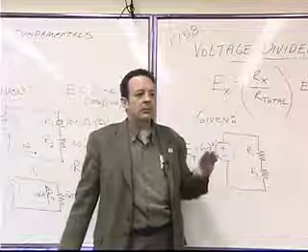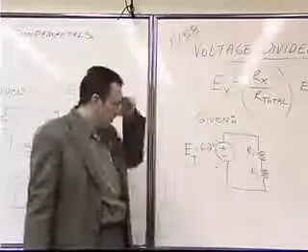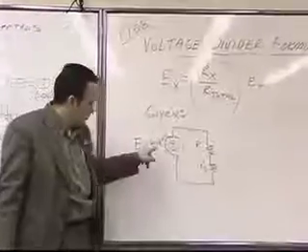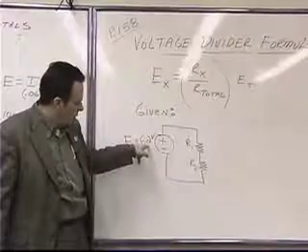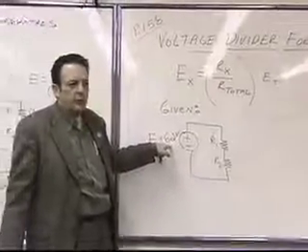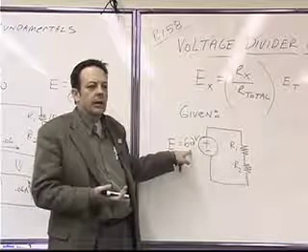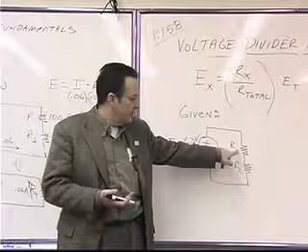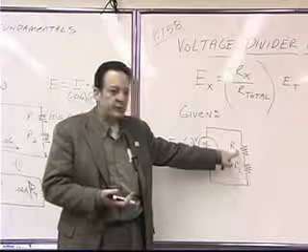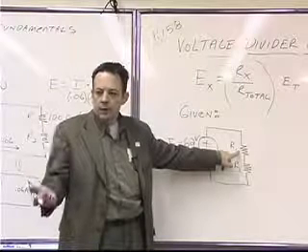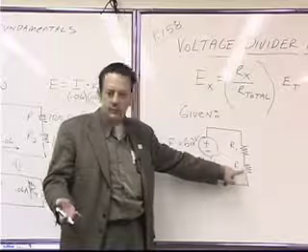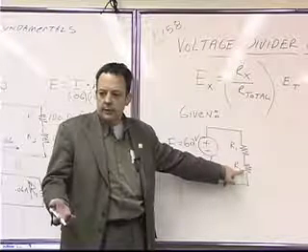Why is it called a voltage divider? The reason it's called a voltage divider is because this whole 62 volts, which let's say is all the money I have in the bank, I got to give some of it to this resistor in the form of a voltage drop, and I got to give some of it to this resistor, right?